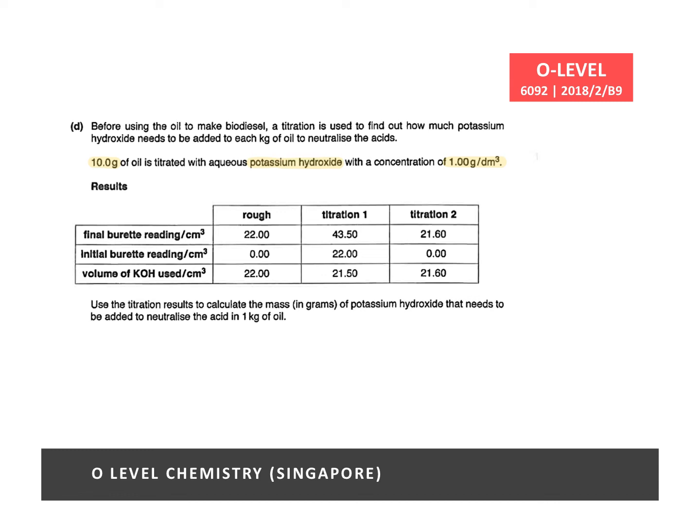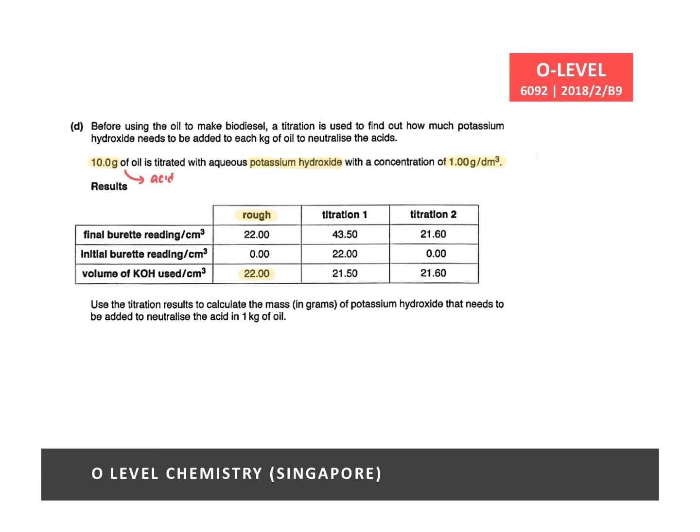Once you reach the end point and you get the titer value, we can actually make use of the titer value to find out the amount of the reactant in your original sample. So we want to find out the amount of acid that's present in 10 grams of oil. Next, when we look at the titration results, you will find that there's a rough titration where the value is very much different from the other two.